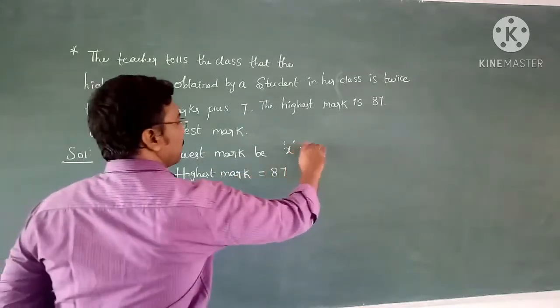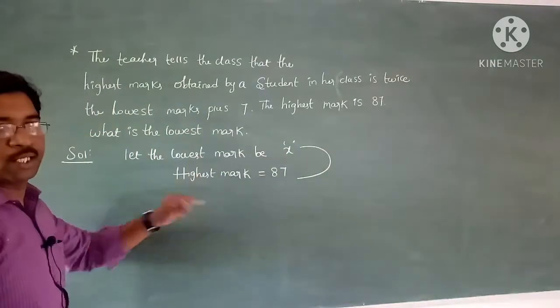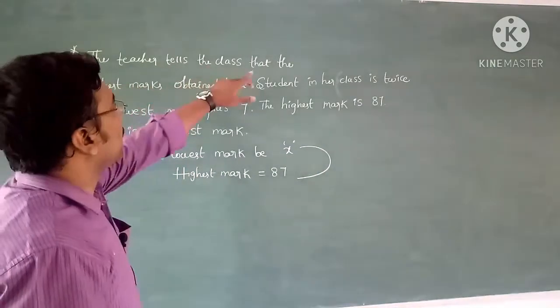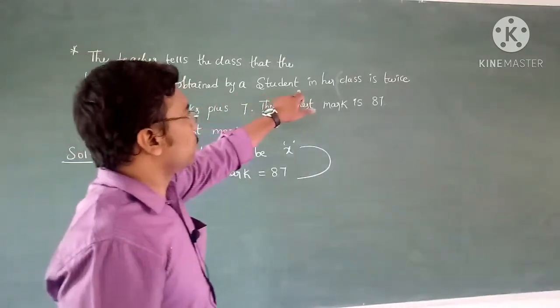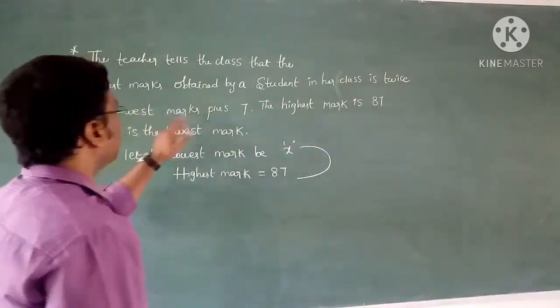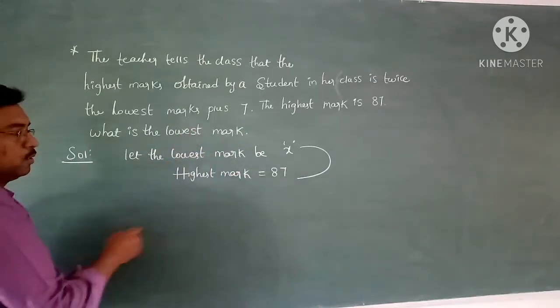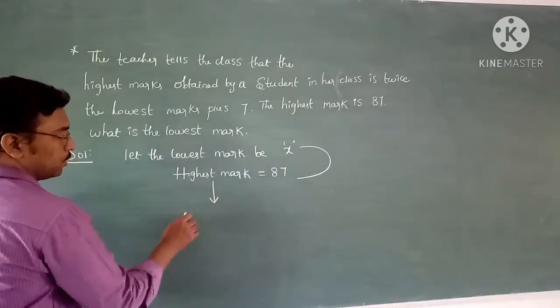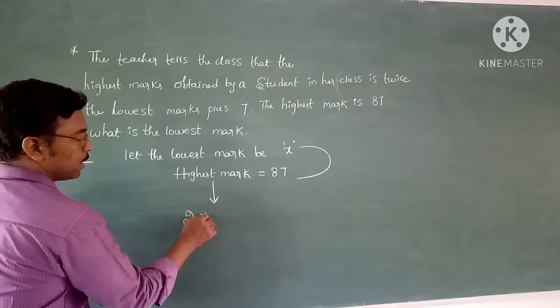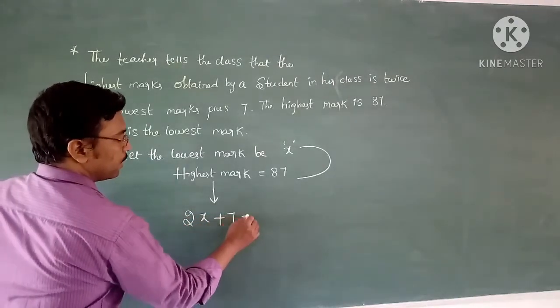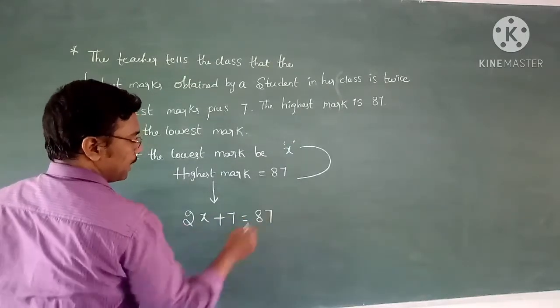What is the condition between the highest mark and lowest mark? The highest marks is twice the lowest marks plus 7. So 2 times the lowest mark x, plus 7, is equal to the highest mark 87.